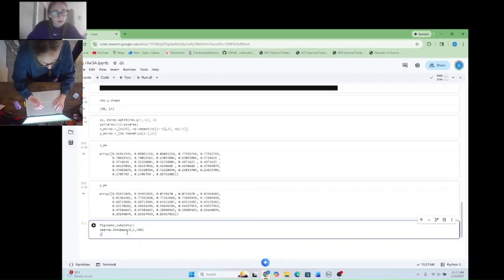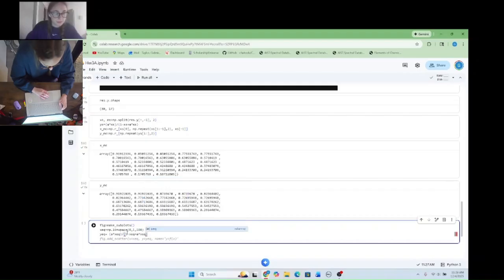And then again, we know what our y is because we solved for y. So we're going to be doing the x equilibrium, and then we do 1 minus x equilibrium plus alpha times x equilibrium.